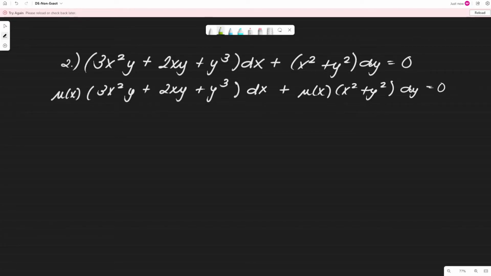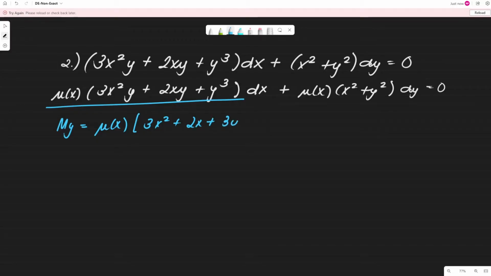So let's get the partial derivatives. We have M sub y, since M is attached to dx, and everything has y. So we'll have mu of x times (3x squared plus 2x plus 3y squared). That is our M sub y. Our N sub x, we use the product rule since both are functions of x.